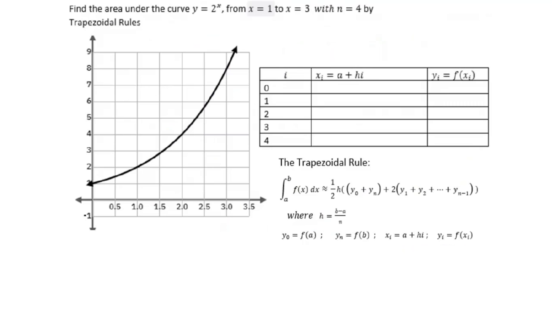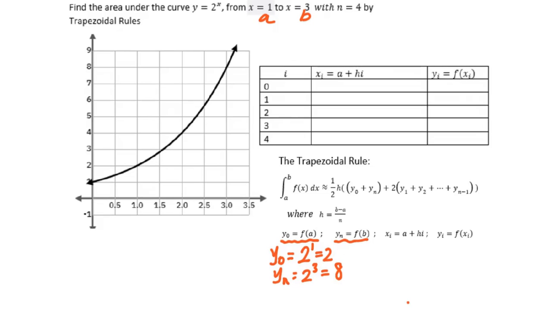Now let's use this trapezoidal rule to work this out. First of all, you need to figure out this Y0 and Y sub n. F of A, this will be A and here's B. So for Y0, you will get 2 to the first power equals 2. Y sub n will be 2 to the third power equals 8.